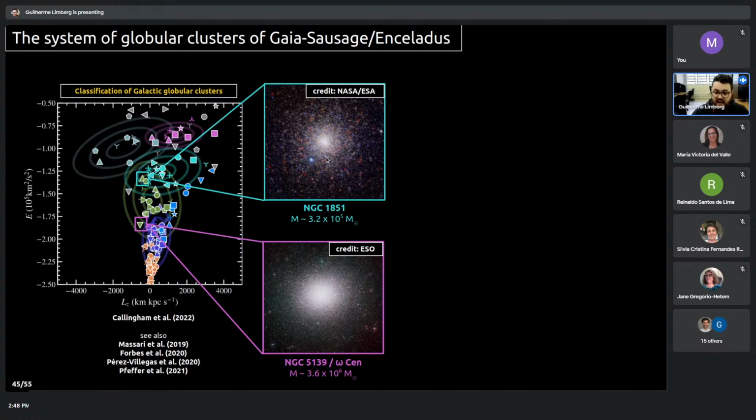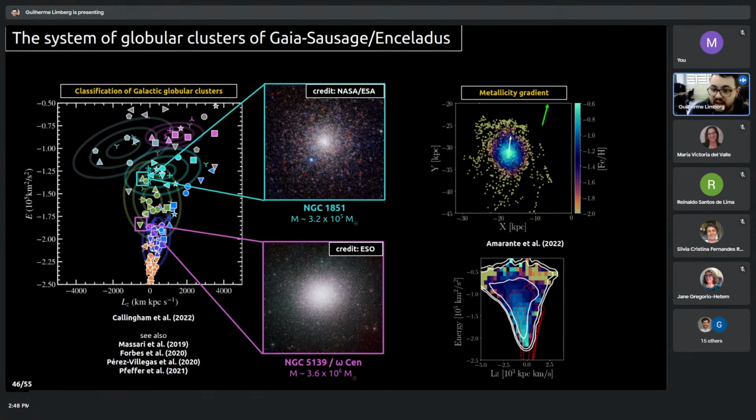Both of these globular clusters have been considered in the literature for many years to be candidates of nuclear star clusters, in particular Omega Centauri. So we can ask ourselves, is either of them, NGC 1851 or Omega Centauri, the actual nuclear star cluster of this disrupted dwarf galaxy, Gaia-Enceladus, Gaia-Sausage?